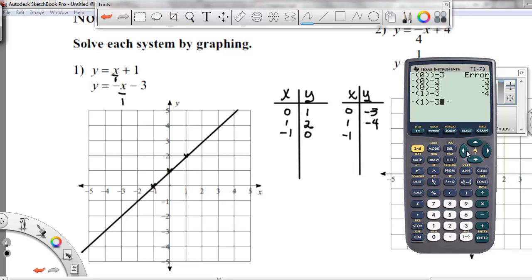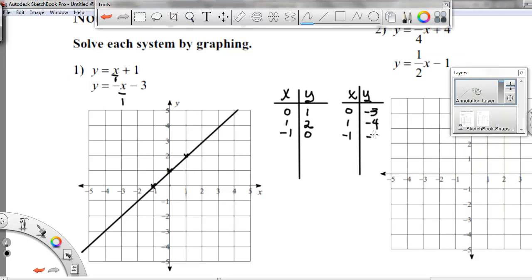Nope, that's not what I need to do. Insert key. There we go. So a negative, negative 1. Now remember that negative comes because of the negative in front of the x. And this is the value that I'm putting in for x. And that value will be a negative 2.